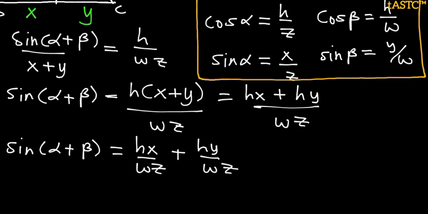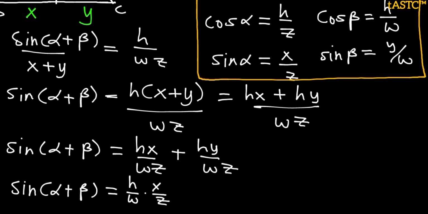So first, I'm going to use H divided by W. That will be multiplied by X divided by Z. And we have an H divided by Z. That is this.